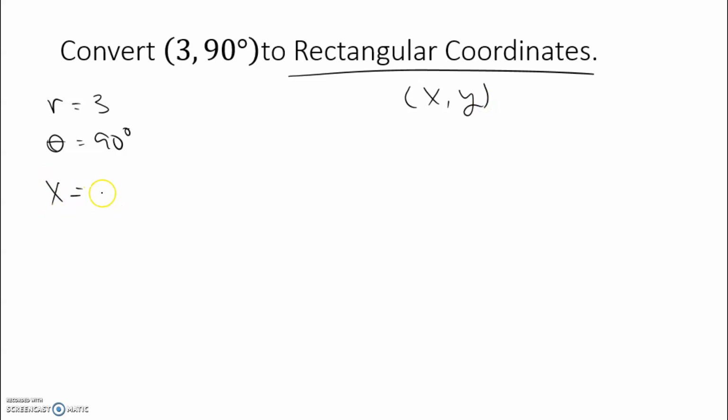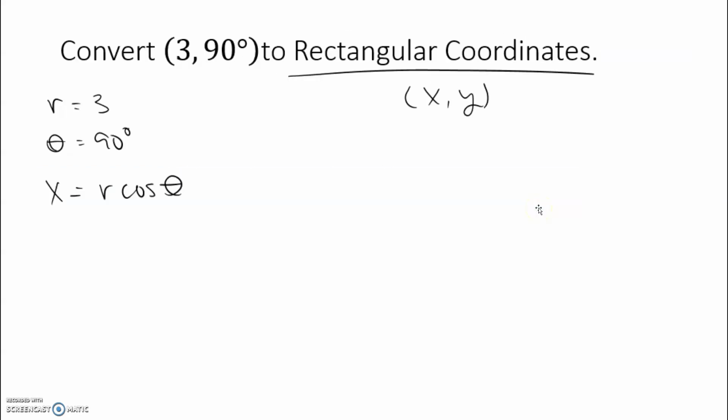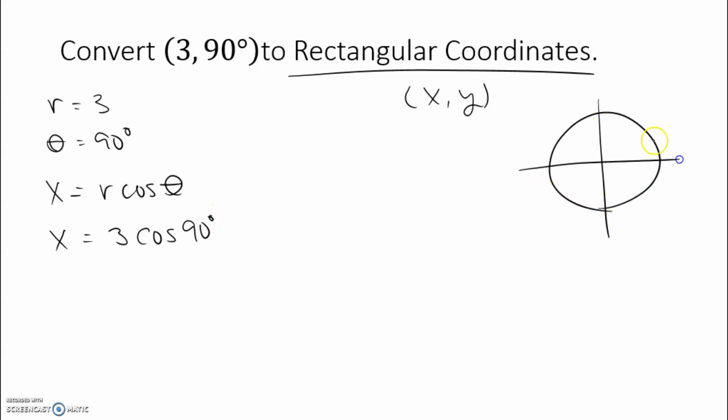And we know that x is equal to r cosine theta because of this right here, r cosine theta. So x would be 3 cosine 90. Okay, on my unit circle, 90 is right here.